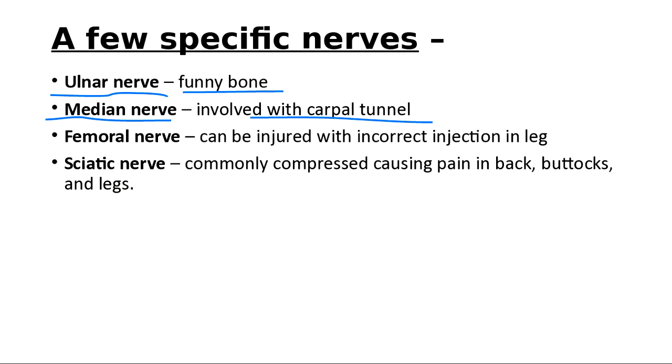Femoral nerve is one you've got to be careful you learn where it is, because you can injure that nerve if you give an improper injection. Sciatic nerve compression causes pain in the back, buttocks, or legs. The compression could be from the spinal cord, sacroiliac, or other places.